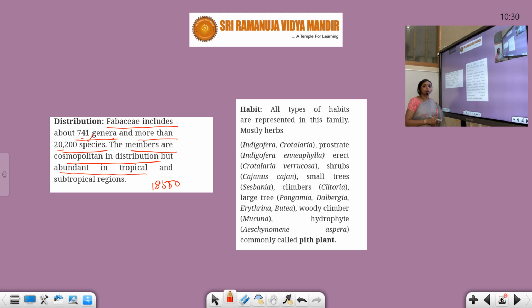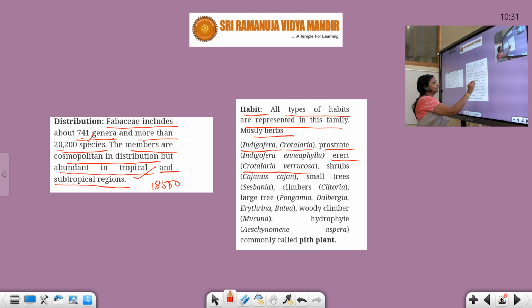Tropical region means here in India, where these seasons are found, so this is tropical, and we can see subtropical regions also. And the habit: habit means we have to describe whether the plant is a herb, shrub, tree or climber, with tendril climbers climbing with the help of tendrils. So let's see which types of plants this family includes. Indigofera tinctoria, and Crotalaria, which is prostrate, a creeper type, and in some Crotalaria erect.